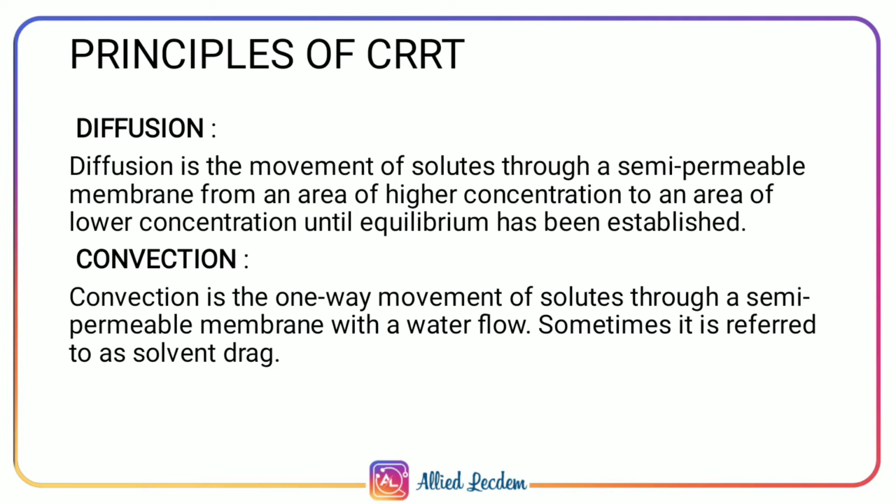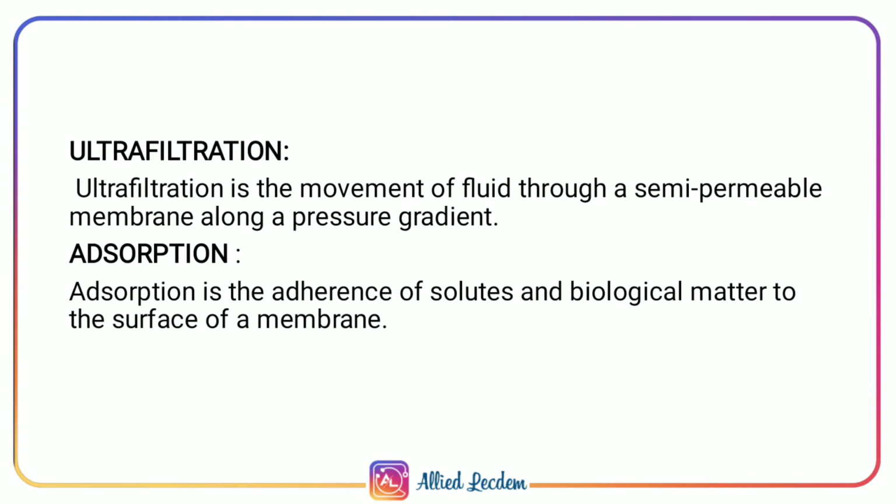Sometimes it refers to a solvent drug. Next, ultrafiltration. Ultrafiltration is the movement of fluid through a semi-permeable membrane along a pressure gradient. Next, adsorption. Adsorption is the adherence of solute and biological matter to the surface of the membrane.